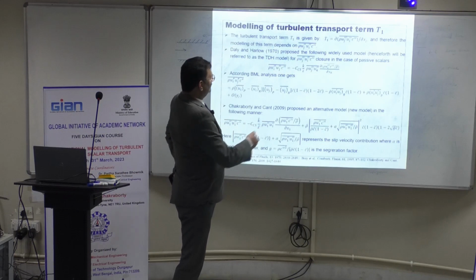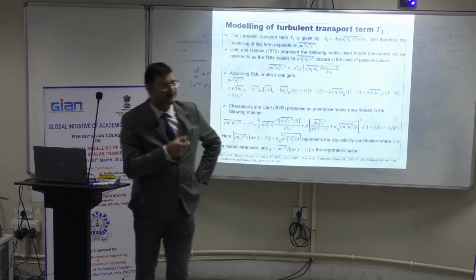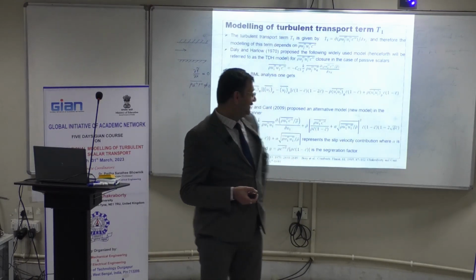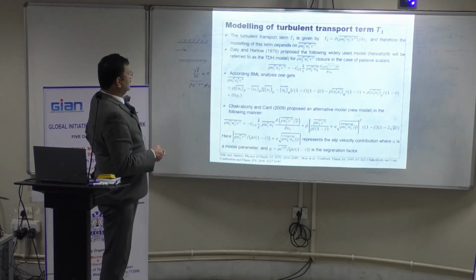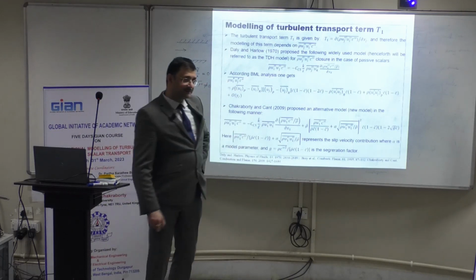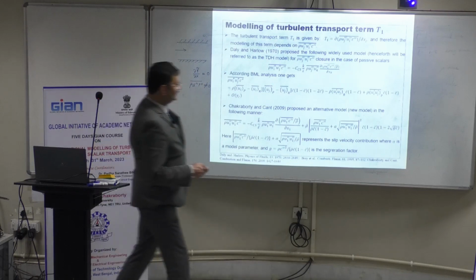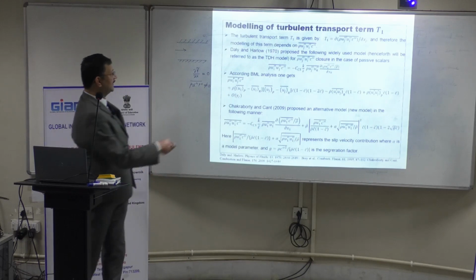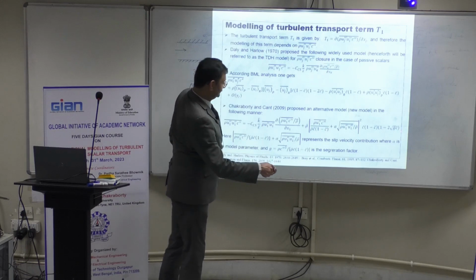The Daly and Harlow model, proposed for non-reacting flow, does not take care of the thermal expansion effect. We talked about how this contribution comes from thermal expansion. We actually modeled this part, which is basically the turbulent contribution, according to Daly and Harlow, and modeled this part in this manner.